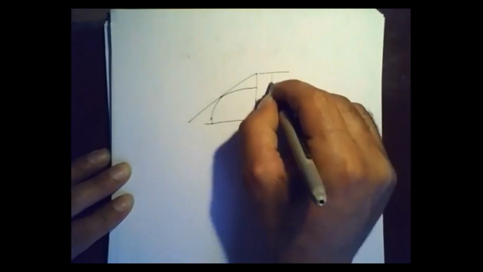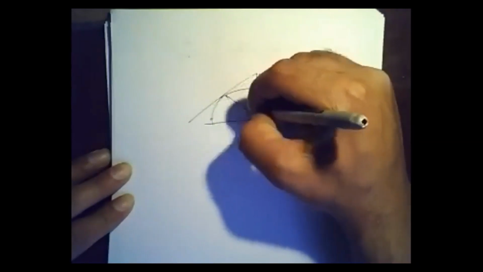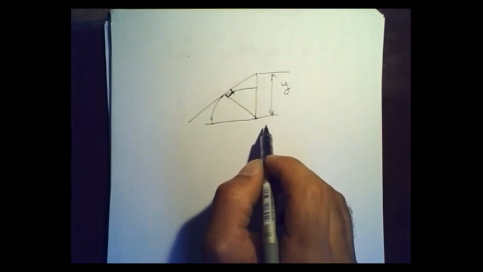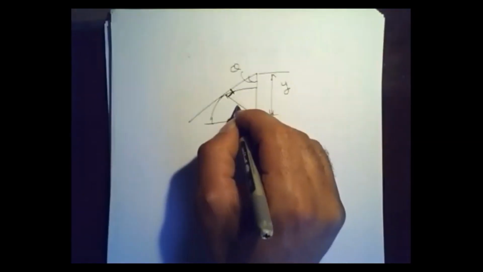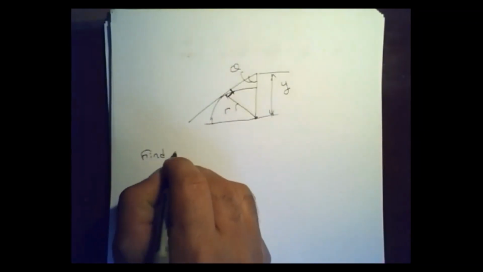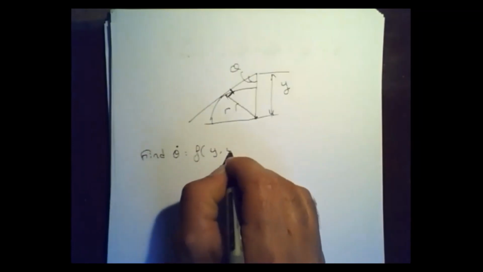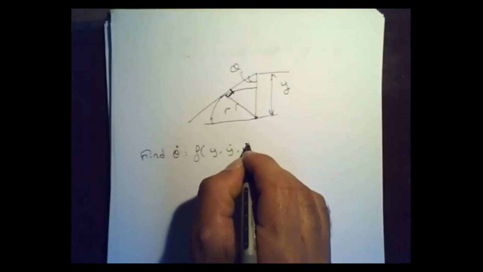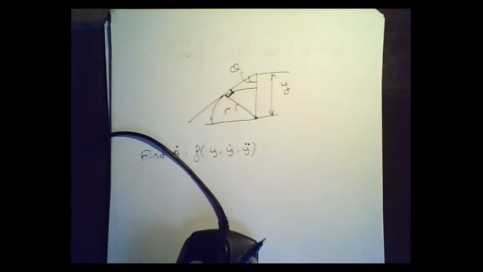We know the distance from here to here is given as y, and this will always be perpendicular, because a tangent to a circle is always perpendicular to the radius, and this angle is theta. We know this is going to be r. I would like to find theta prime as a function of y prime, maybe y double dot, etc. How do I calculate that?